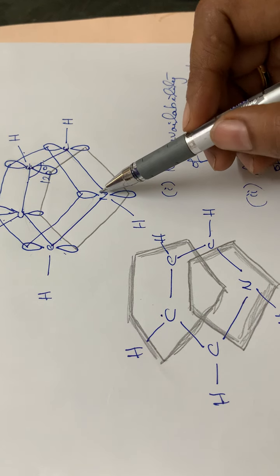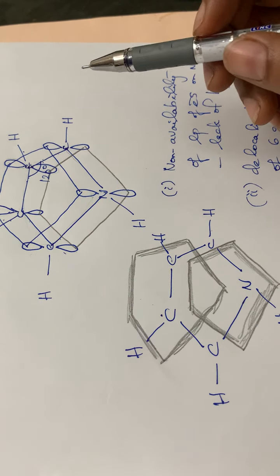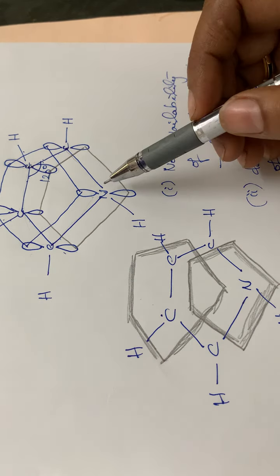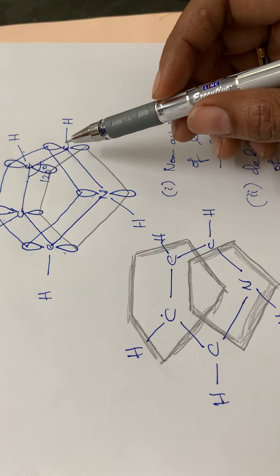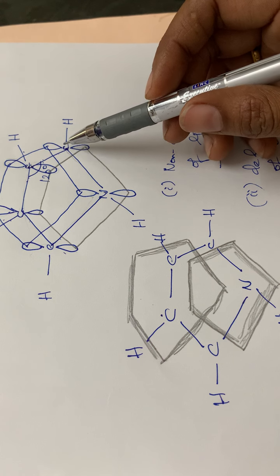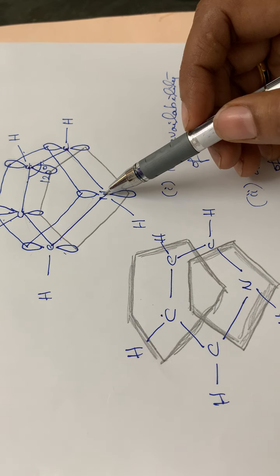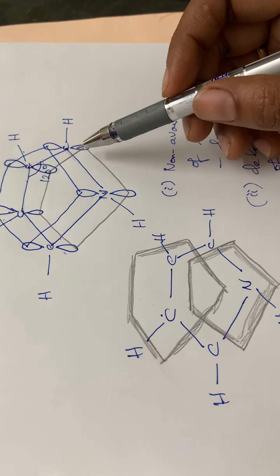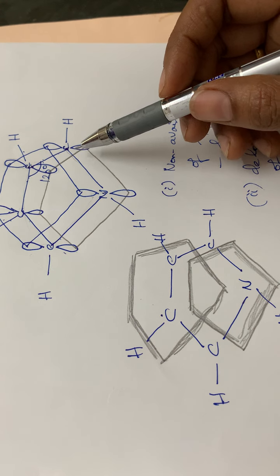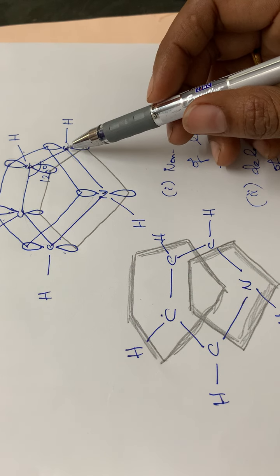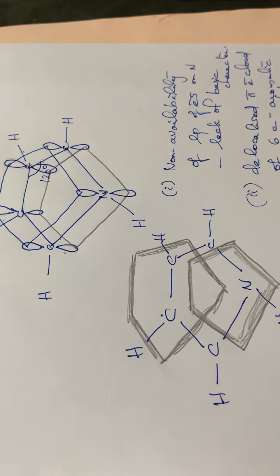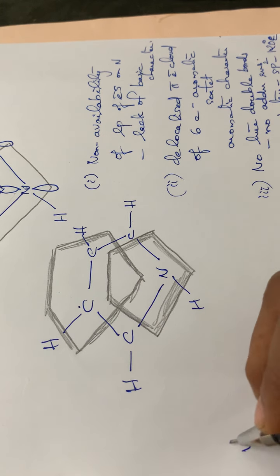Or in other words, the electron density of carbon is somewhat greater while comparing with that of the nitrogen atom. Therefore, the electrophilic substitution will be taking place at the carbon atom, or carbon is more susceptible to electrophilic attack. Okay, so that is the fifth point I am writing here itself.